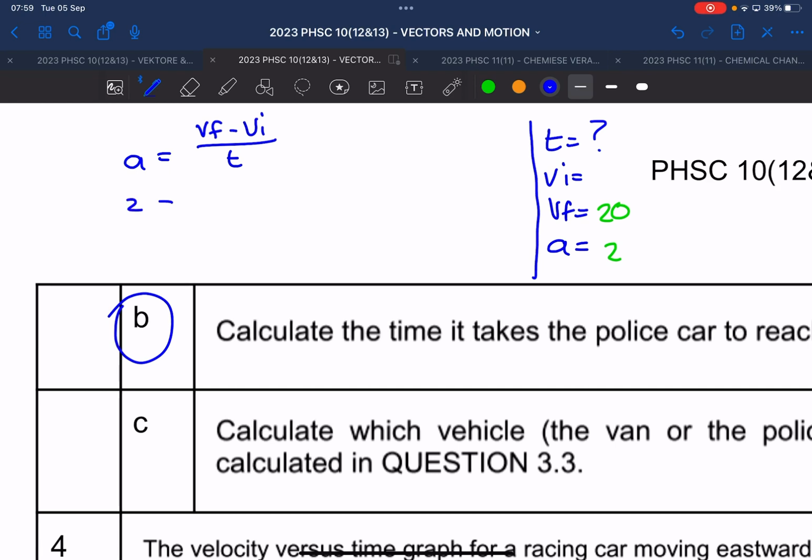Yes? No? That's its maximum velocity, its final velocity that it reaches. No. That 2 is 2 meters per second squared. That's its acceleration.